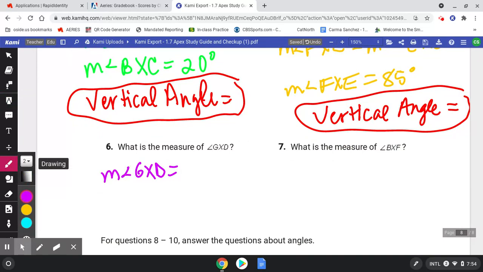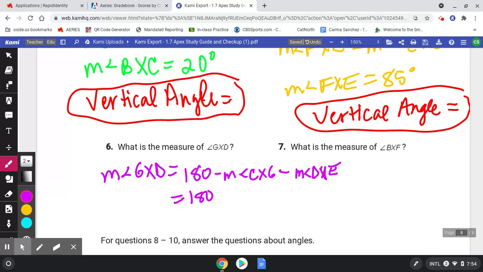All right, measure of angle GXD is equal to 180 minus those two other angles. So measure of angle CXG, and we're going to subtract off DXE. So the other two angles were 85 and 20. And so if you take a calculator and subtract that, we get 75 degrees.